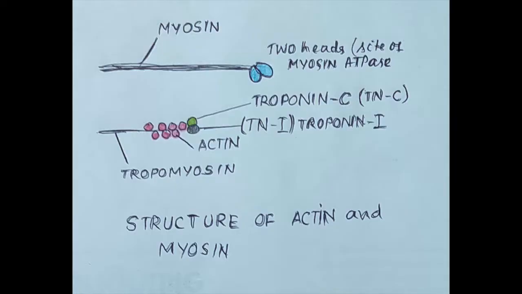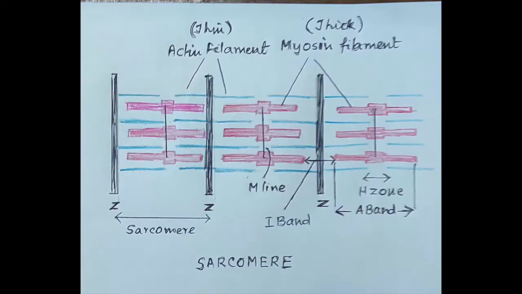This is the picture of actin and myosin. Shown is a myosin filament and one head of it having ATP, that is the energy processing element. Shown below is the unit containing actin filament colored red, tropomyosin, troponin C and troponin I units, which will be explained below.